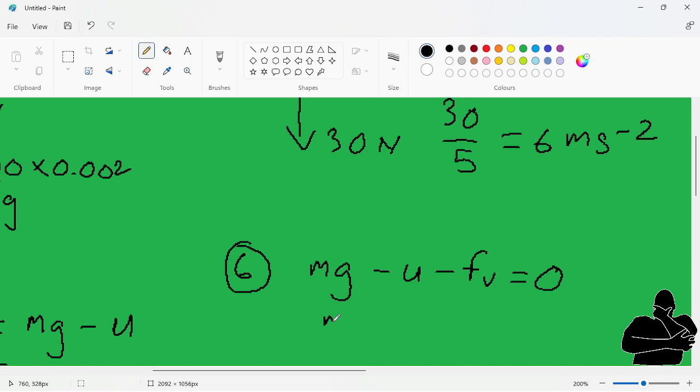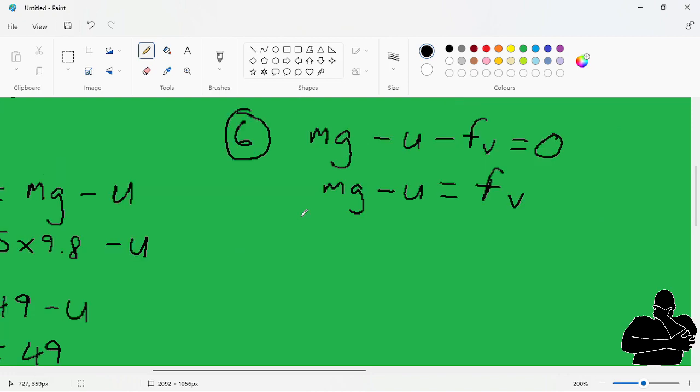Now we're going to put the viscous force by itself, which means we're going to add the viscous force to this side, and we're going to add it to this side. And remember that the combination of the weight and the upthrust was given as 30 newtons.